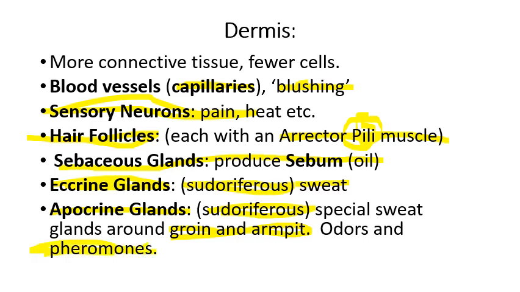Pheromones are chemicals that, in this case, are meant to attract a mate. That's a whole other issue we can talk about another time, but yes, animals attract each other by smells, and those smells are usually produced by the apocrine glands.